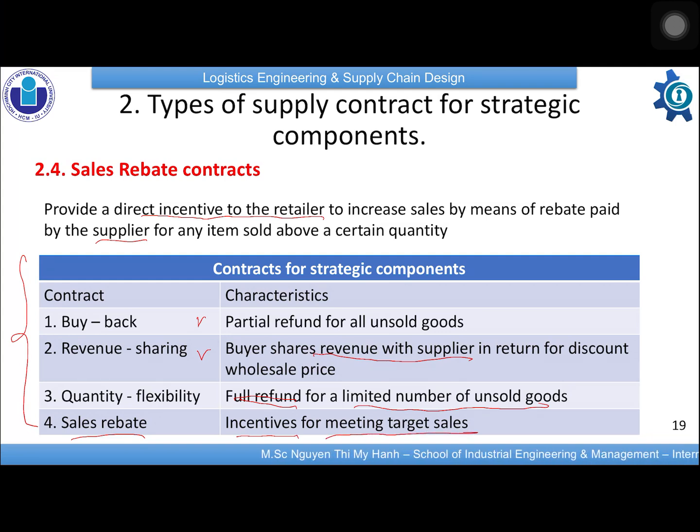For example, if the target is 10,000 units, and the retailer can sell more than 10,000 units, the supplier will give a discount for those items sold above this target.